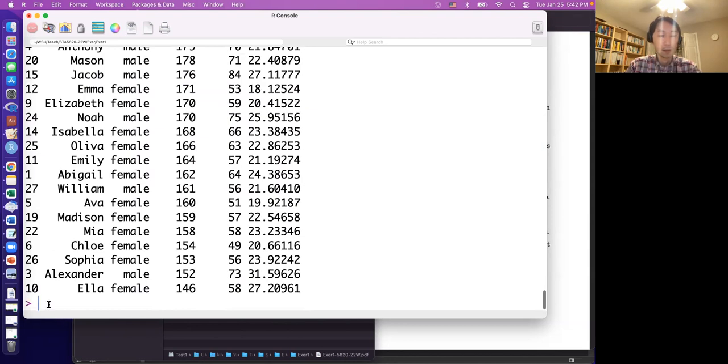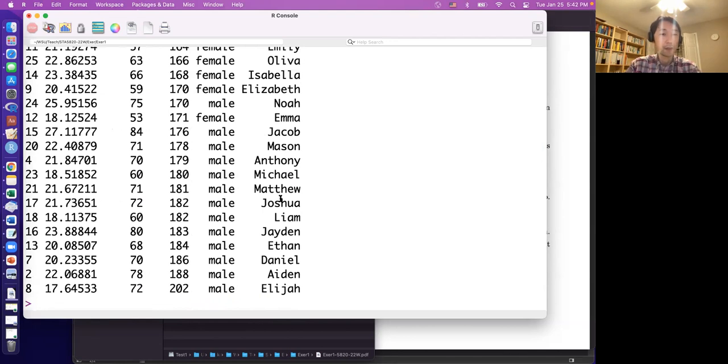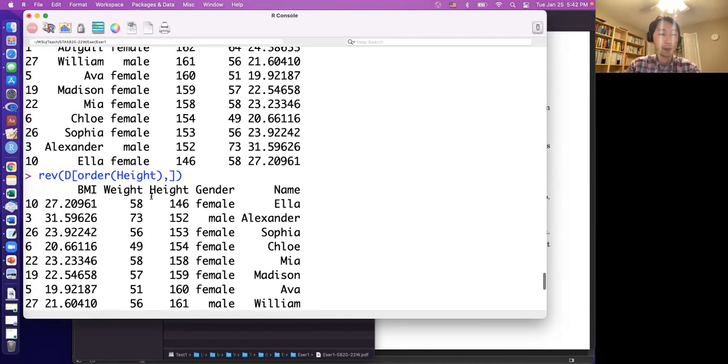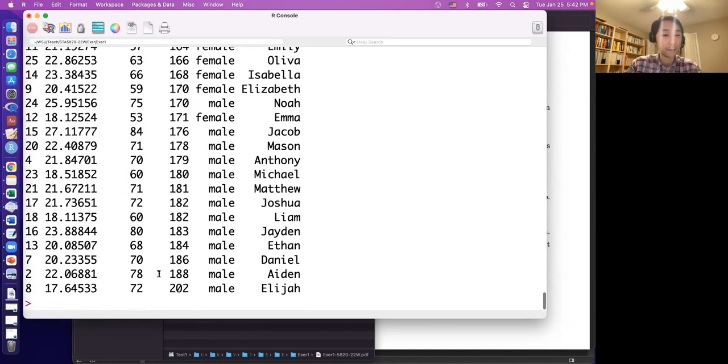Maybe reverse. Even with the increasing order, maybe we reverse the order, then we can get the, no, it does not work. So reverse only works for a vector. So maybe I have to put this reverse in here, maybe.